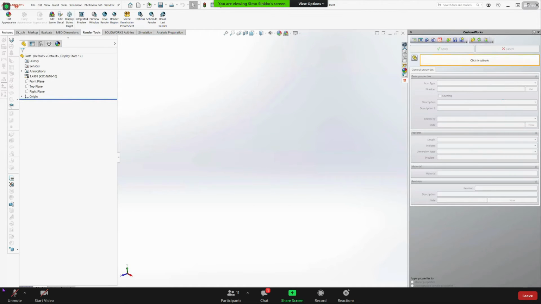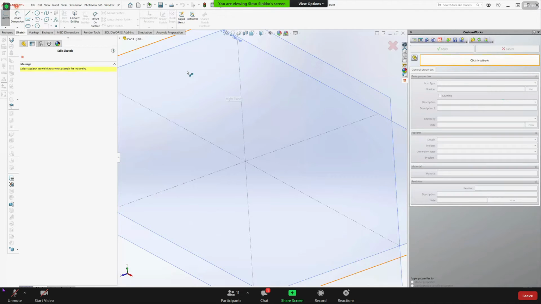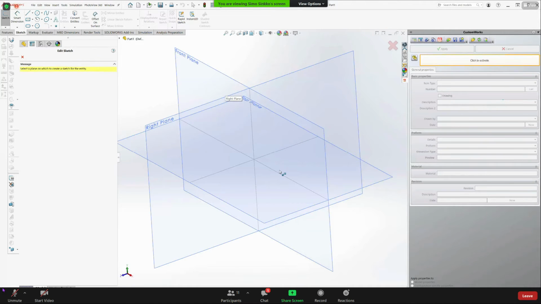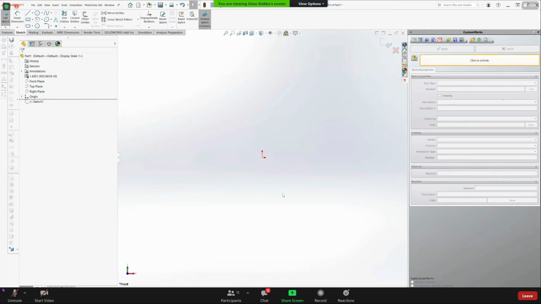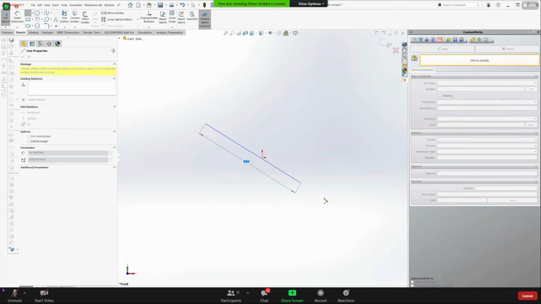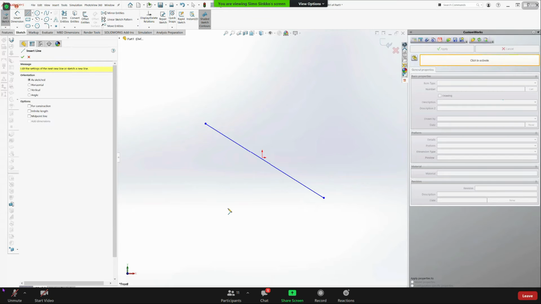So the sketch is everything we need, and it doesn't matter what the plane is. And then we need to start creating this scissor. My aim is to put the scissor in the middle.